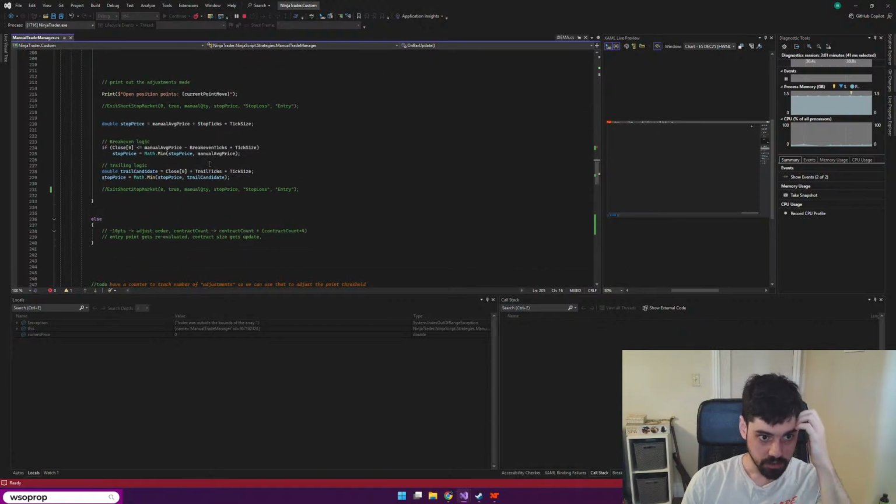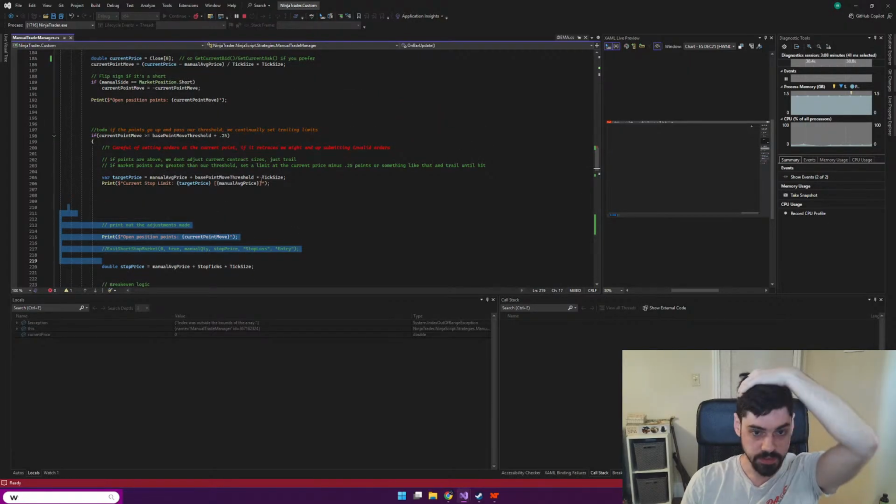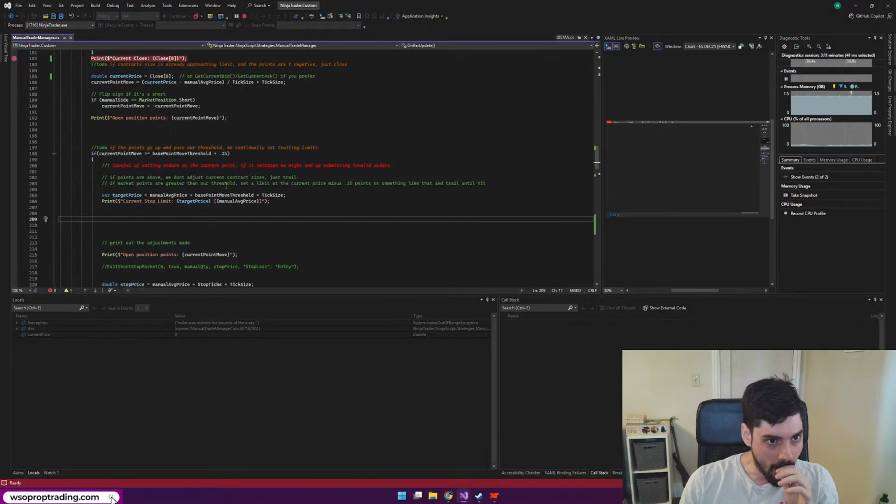I think I had to print out everything all in one line here, just so I can see how all the variables are relating to each other. That really feels like what I gotta do. What the heck is going on back here?